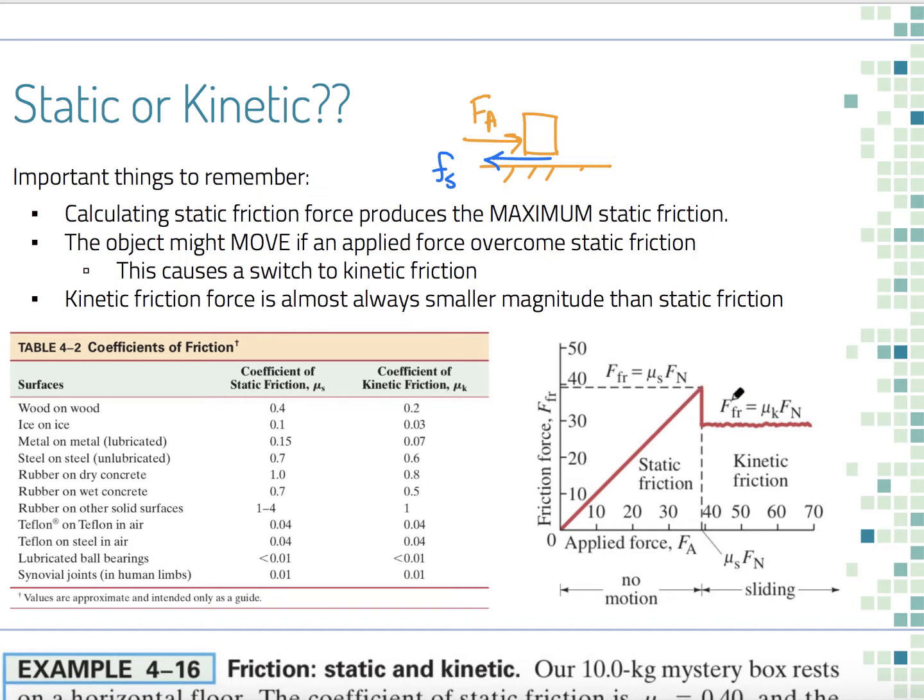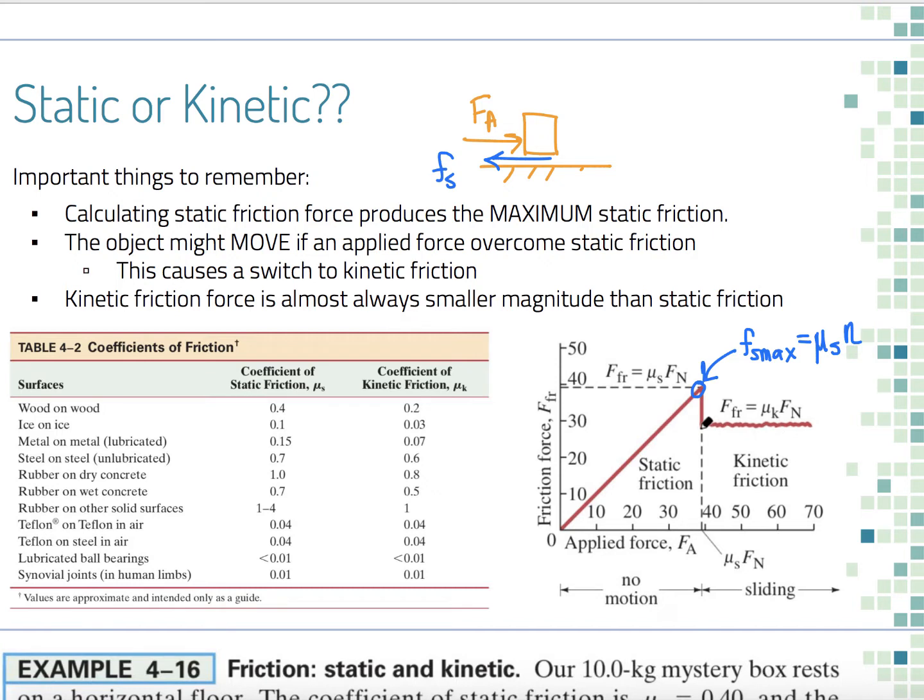But at some point, right here, we are actually at our maximum value. So it's our maximum static friction, and that is where mu s times N tells me my static friction. Before that, it's whatever is required to keep me stationary.